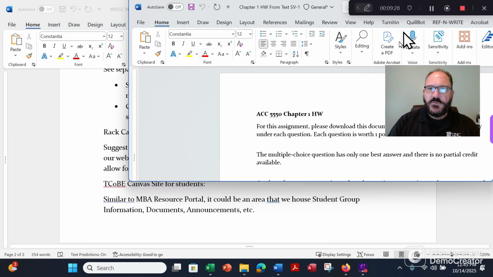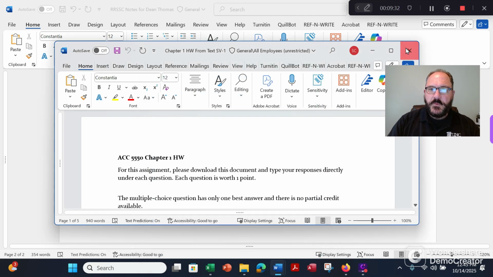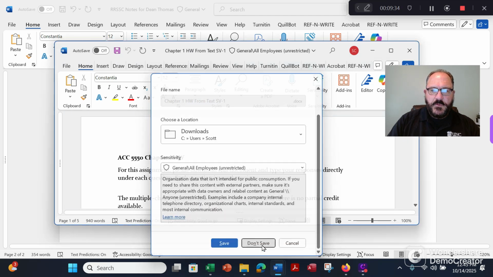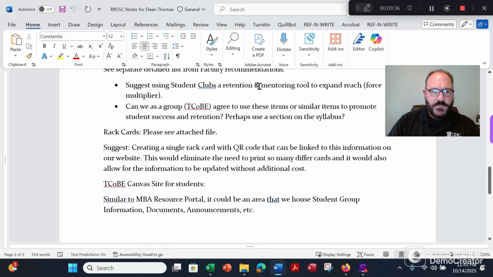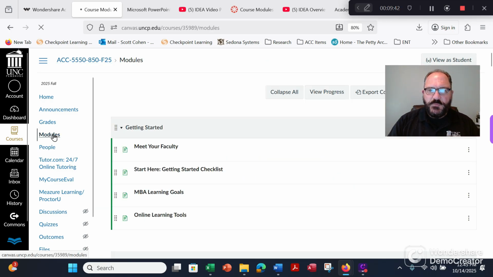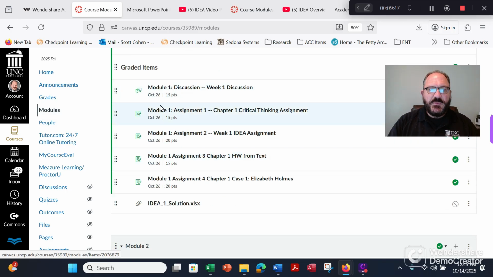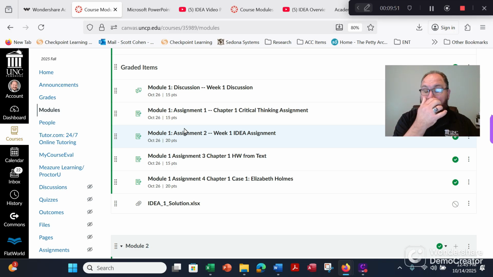Let's go back over here. All of the modules are pretty much set up the same way. You can see your assignments, and notice they're all due on Sunday. The only thing that is not due on Sunday is the discussions.